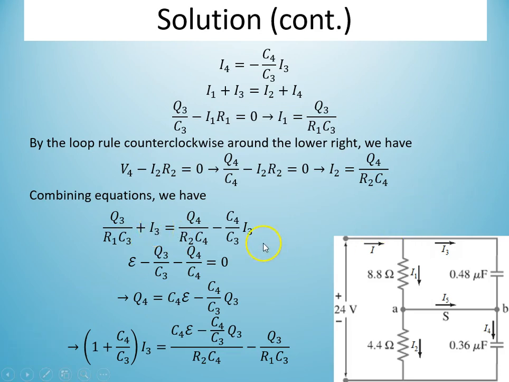So we use our original big loop equation to isolate for Q4, get rid of it, and now we plug in. Everything that's left in terms of things that can change is all the same thing. It's what's going on with this capacitor right here.